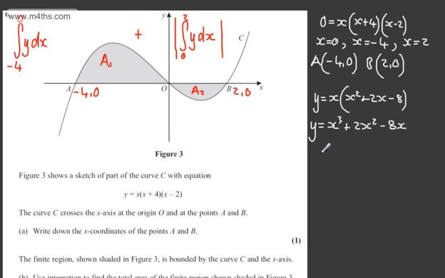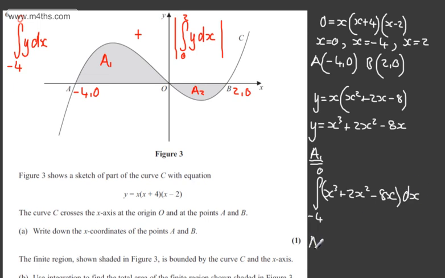So if we start off now with area number 1, we can say now that area number 1 will be equal to the integral, and we're taking this from minus 4 to 0 of x cubed plus 2x squared minus 8x, and we're integrating with respect to x.